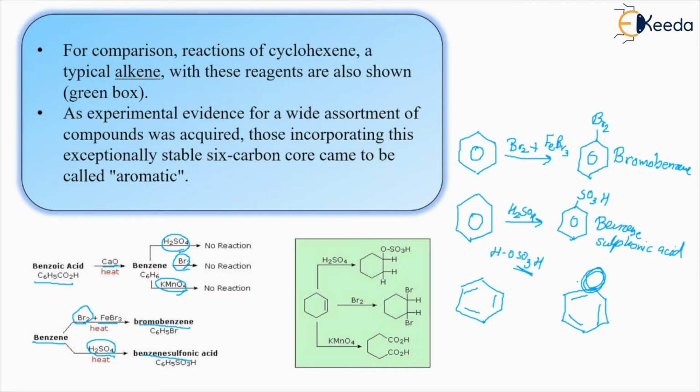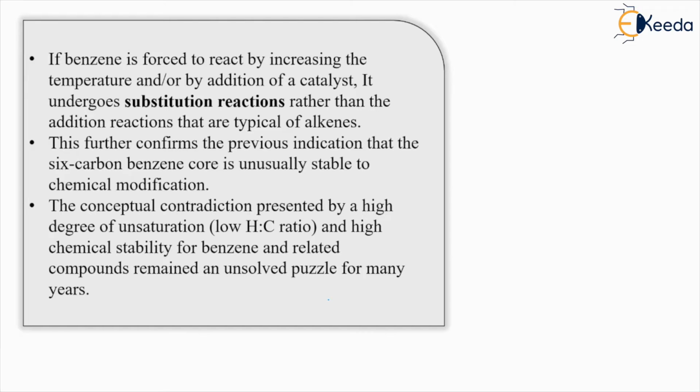As experimental evidence for a wide assortment of compounds was acquired, those incorporating this exceptionally stable 6-carbon core came to be called aromatic. So eventually people said that if I have benzene as my nucleus, that means if I have the 6-carbon ring in the middle, then that particular compound has the possibility of being aromatic in nature. That was what was discovered at that point of time.